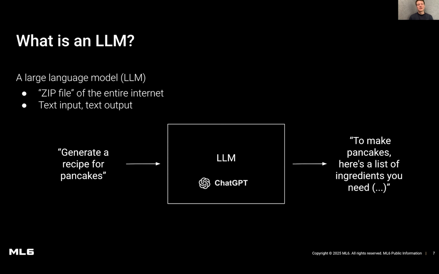Another example is if you ask it to generate a recipe for pancakes, because models like ChatGPT have seen so many recipes of pancakes on the internet that they're able to memorize those kind of things in their weights, because a neural network like ChatGPT has what is called weights, which basically is that zip file which stores all of that knowledge, and then it can generate a plausible recipe to make pancakes. So for those type of things, it works well.